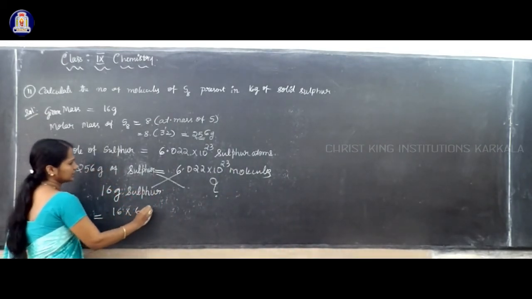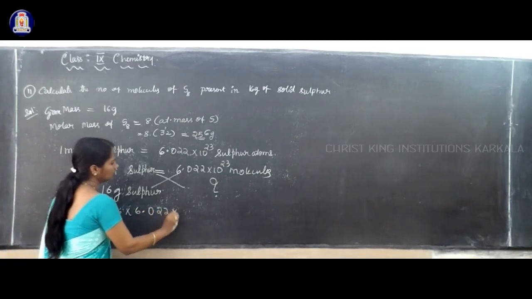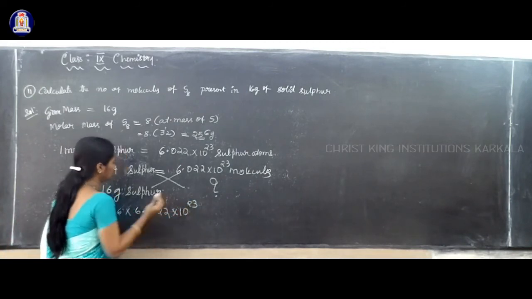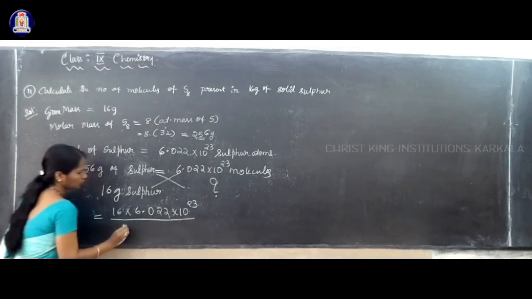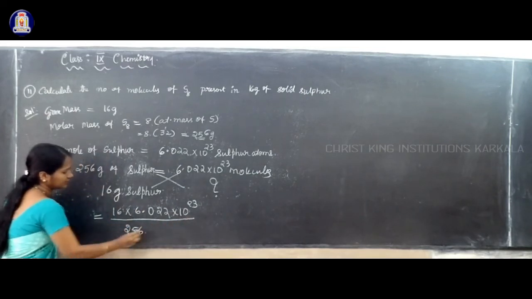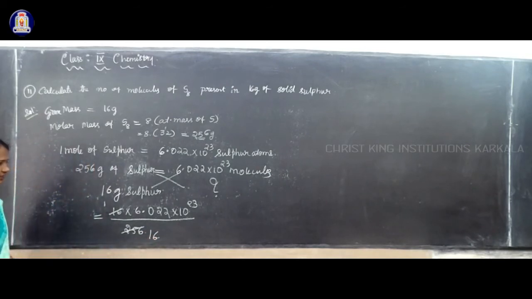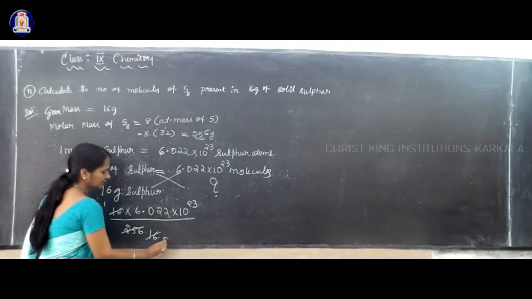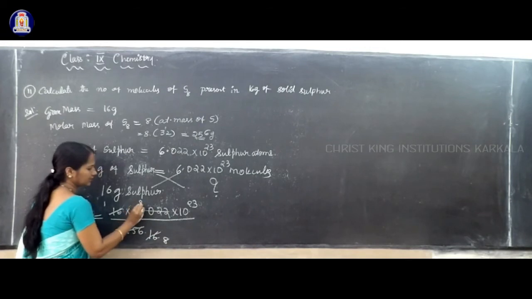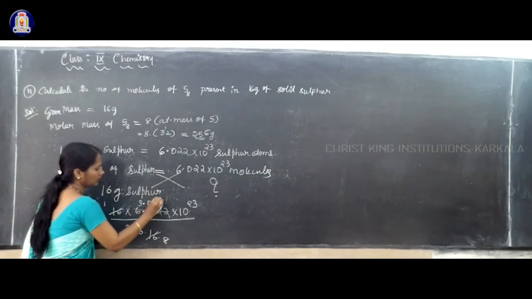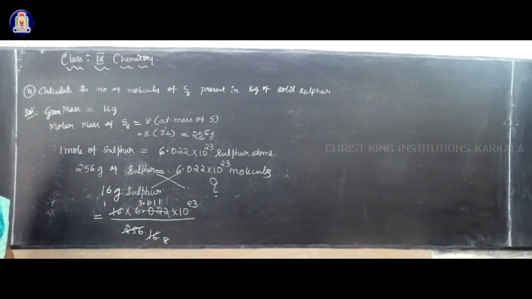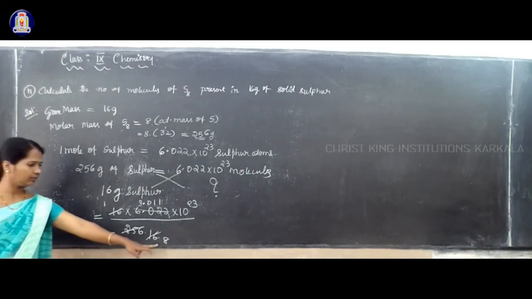16 into 6.022 into 10 to the power 23 divided by 256. 16 ones are 16, 16 sixteens are 256. 2 eights are 16, 2 threes are 0, 2 ones are 1s. So 3.011 divided by 8.